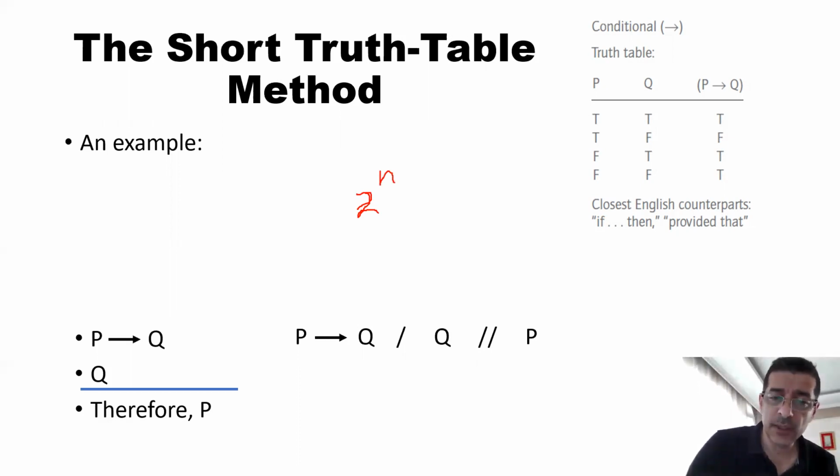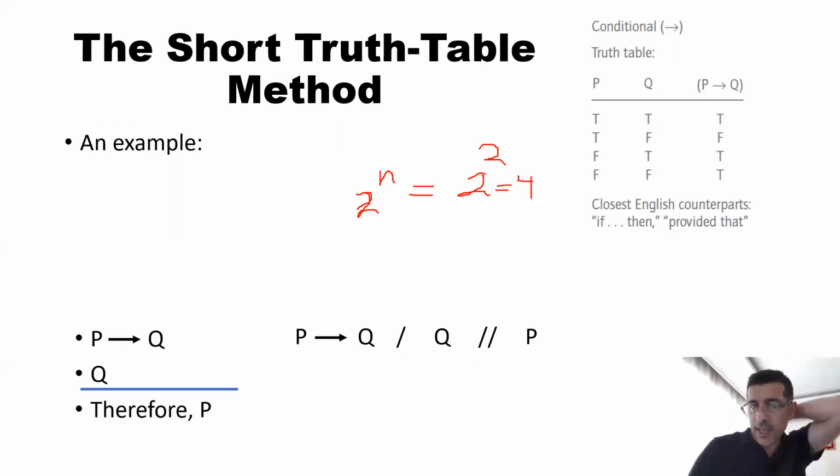Is that right? So if we had 2 propositions, that would be 2 raised to the 2nd power, so that would be 4. That would be 4. But then this would become 8 if we had 3 propositions, 16 if we had 4 propositions, 32 if we had 5.